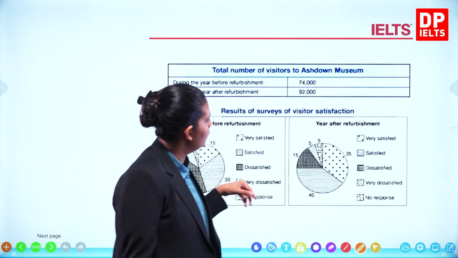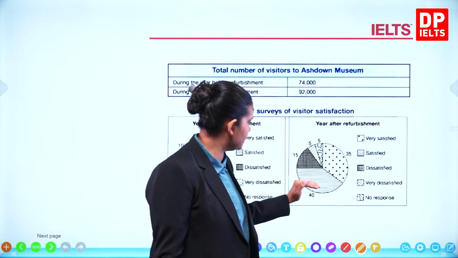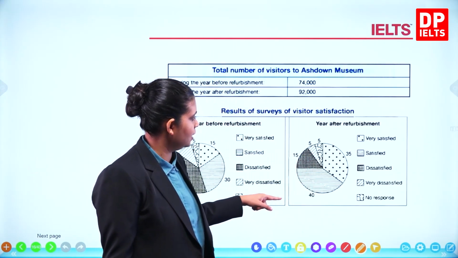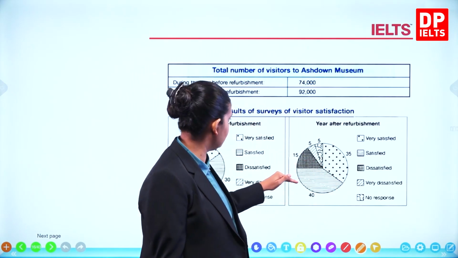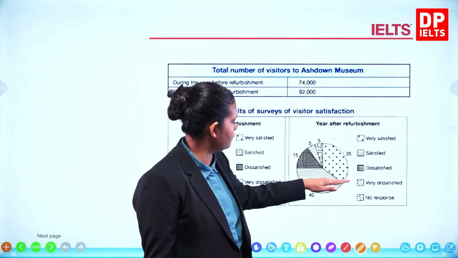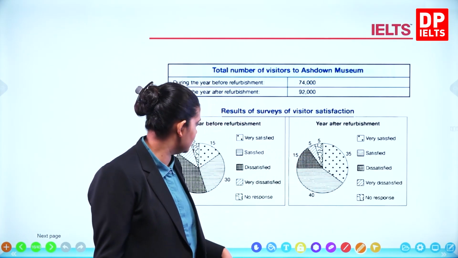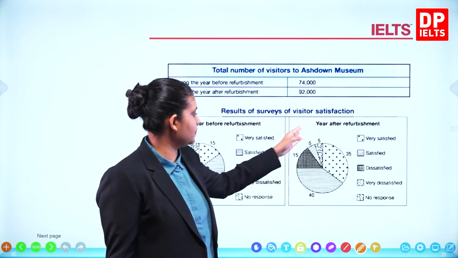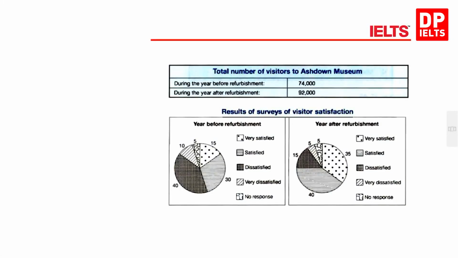Okay, whereas after refurbishment, 40% were very satisfied, 40% were satisfied, 35% were very satisfied, and only 15% were dissatisfied. And the 5% with no response remained the same, whereas very dissatisfied reduced by 5% again. So you can see after refurbishment, nice positive responses.